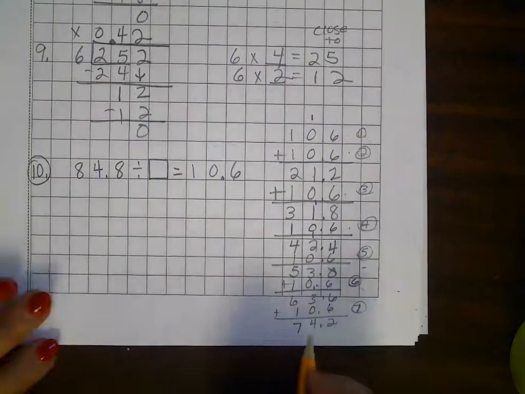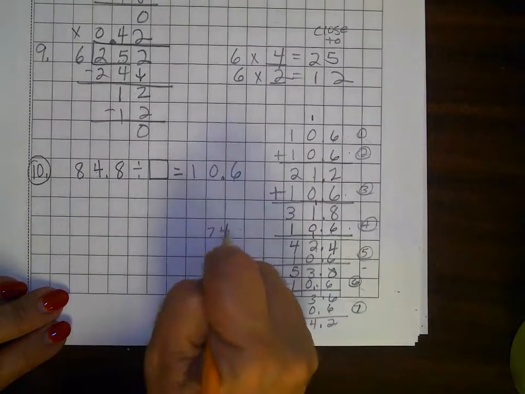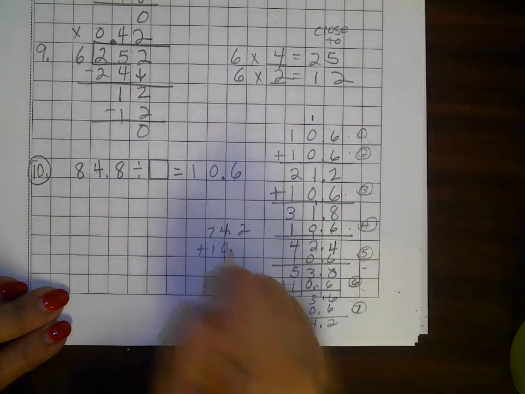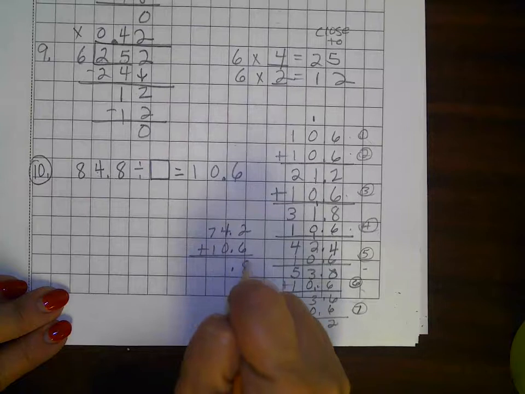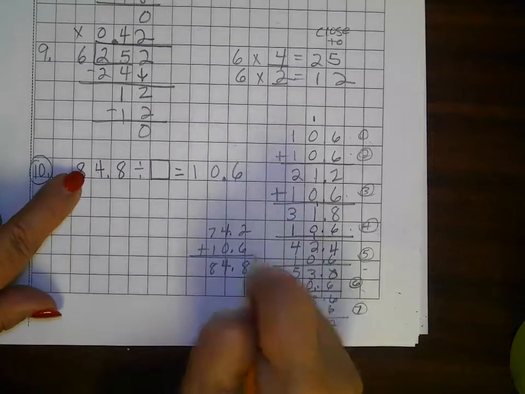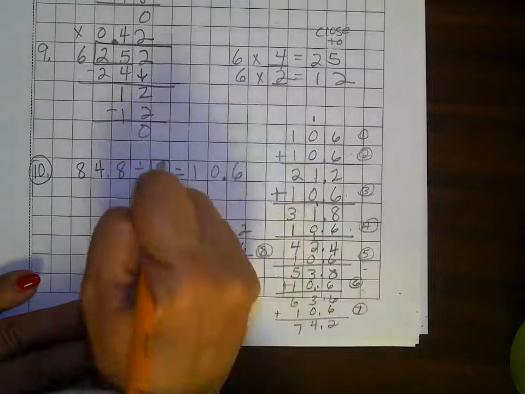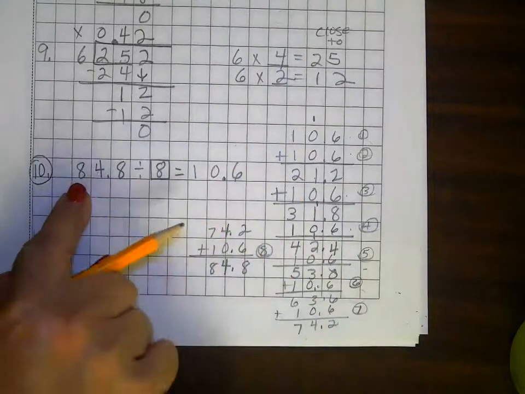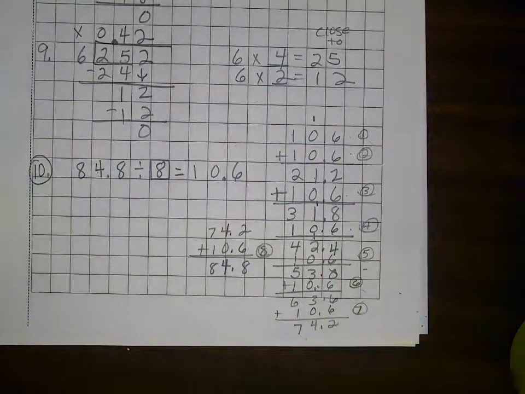Okay, I'm going to actually bring this over here so it doesn't get confused. So I have 74 2/10 plus 10 6/10. So this is 8. This is what I have here, 4 and 8. So that's 8 groups, because I know that 10 6/10 times 8 will equal 84 8/10.